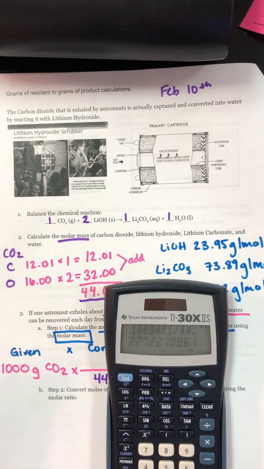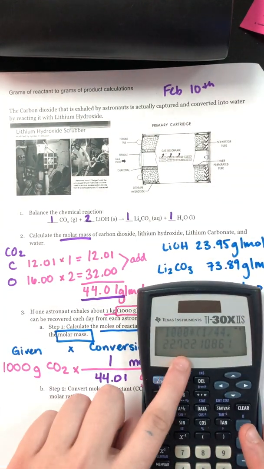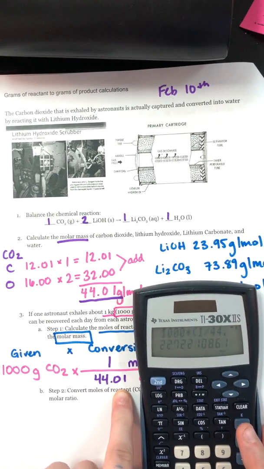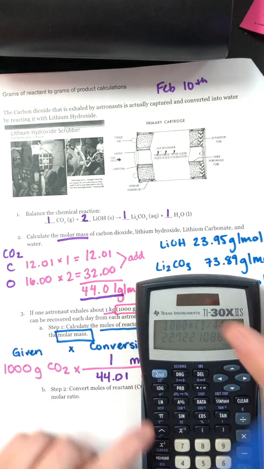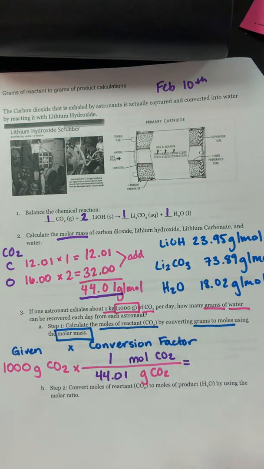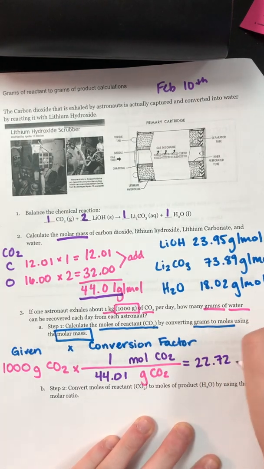And we get a long answer with many decimals afterwards. Long story short, we can actually cut this number off at the same number of decimal places that we see in our other number. So I'm just going to keep 22.72 for this answer. I'm going to keep my color, 22.72 moles of carbon dioxide.